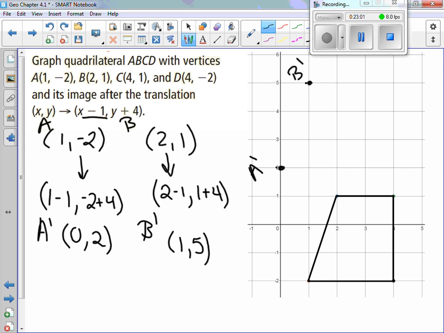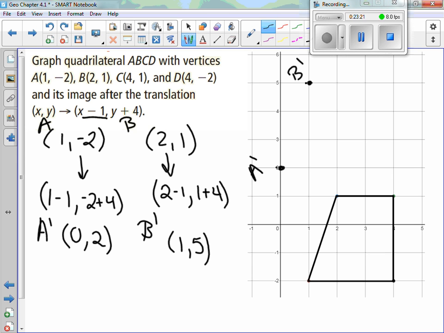What do we know about this here? Because we have x minus 1, we're moving it horizontally how far? 1 to the left because it's negative. Since we have y plus 4, it's telling us that we're moving up 4.